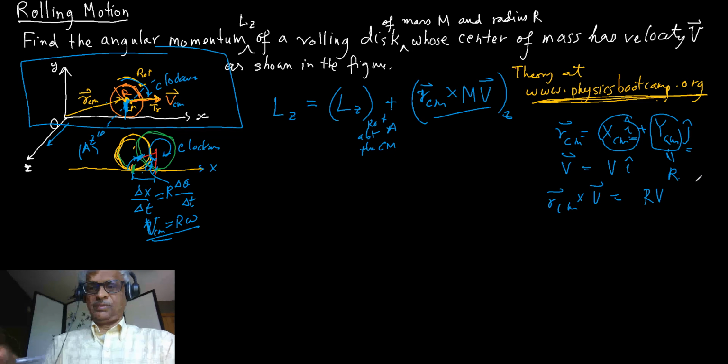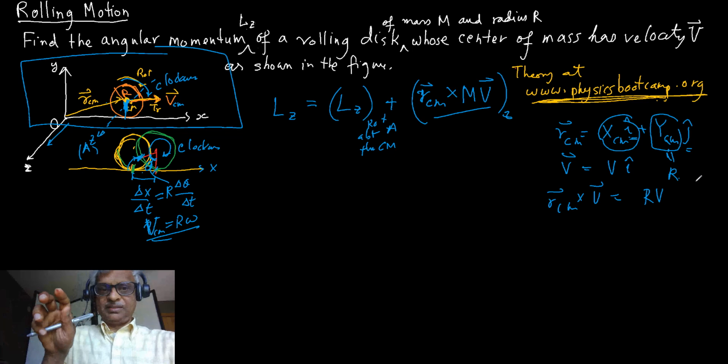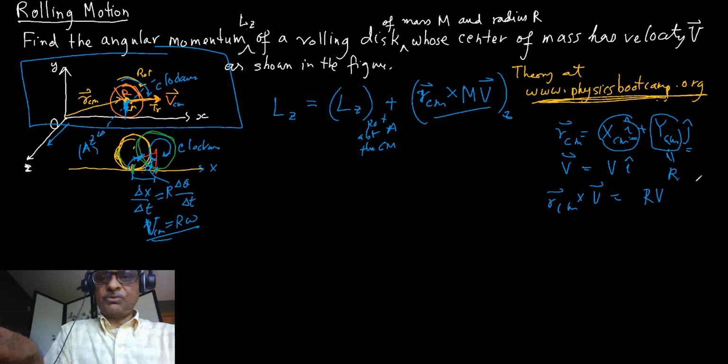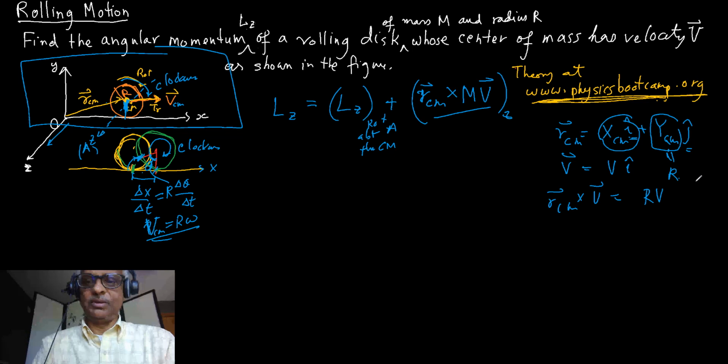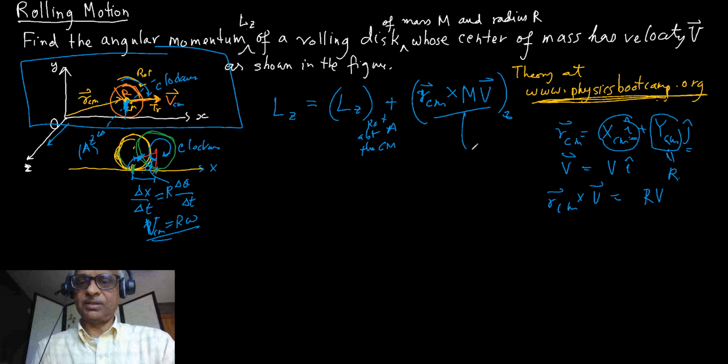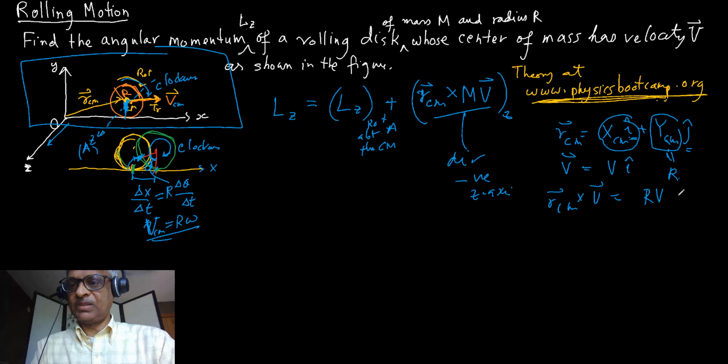Taking the right hand, it's actually towards the negative z-axis. The direction is negative z-axis, since j hat cross i hat is minus k hat.